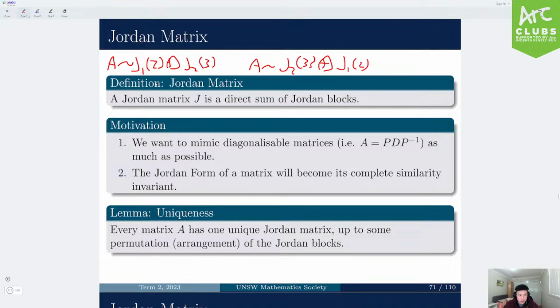Notice that all I've done was swap the orders around to write J2 of 3 in front of J1 of 2. That's what we call up to some permutation, because we can always swap the order of our Jordan blocks around. But in the end, we still have the same set of Jordan blocks. We just arranged it differently.